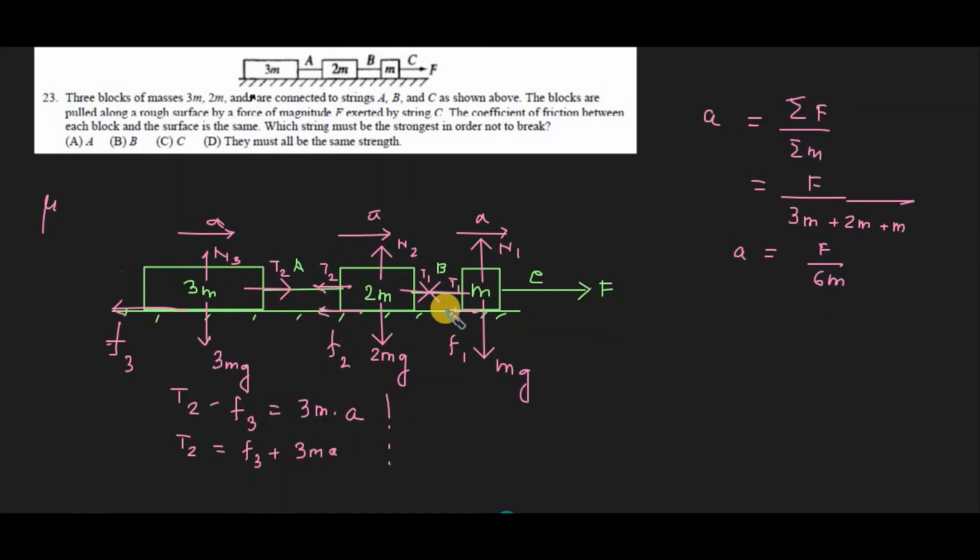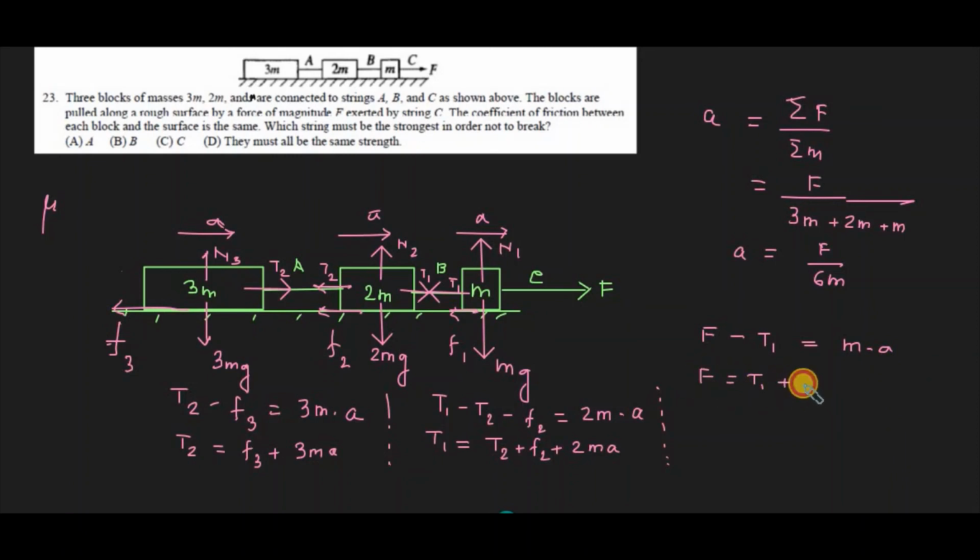For the second block, the net force is T1 minus T2 minus frictional force F2, equal to 2m times a, so T1 equals T2 plus F2 plus 2ma, and we have T2 from the previous expression. For the first block, the net force is F minus T1, equal to m times a, which means F equals T1 plus ma.